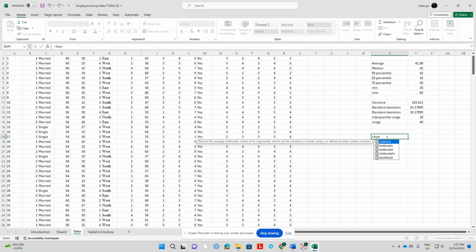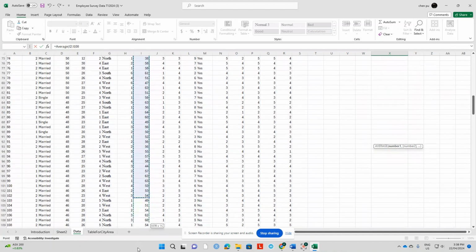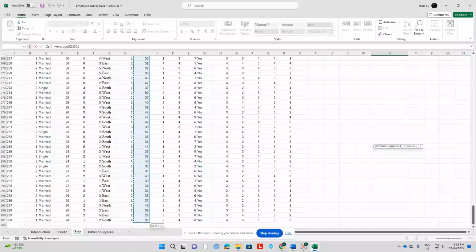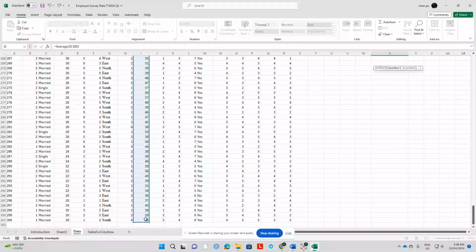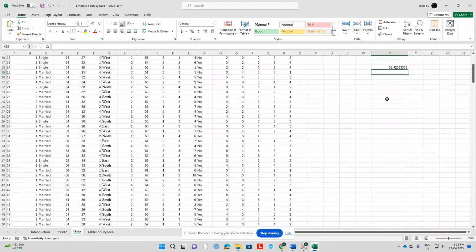Average of salary. Salary is in column I, so I select the data in column I. And then I need to calculate the standard deviation.